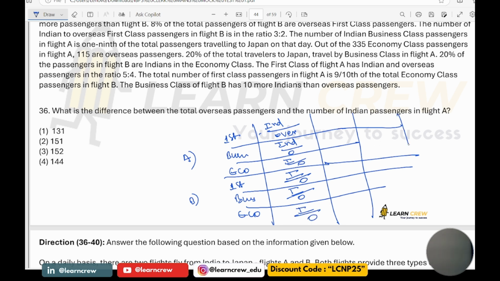So now please take the total values. How much are you going to get?